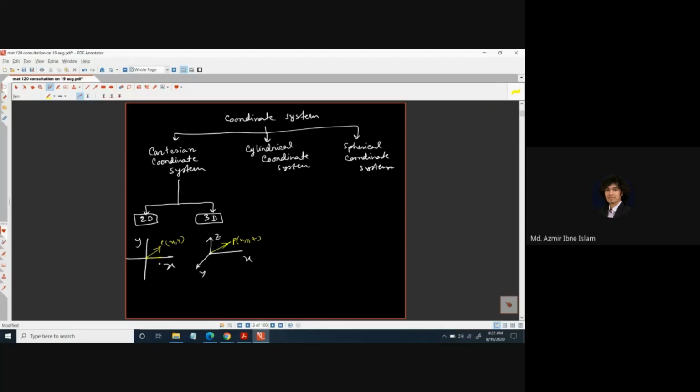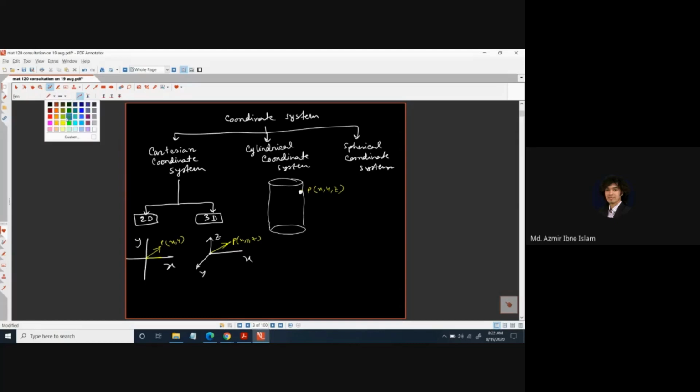Similarly, here we are using Cartesian coordinate system, but let's say we have the same point p of x comma y comma z, but now we are trying to locate the point not by Cartesian coordinate system, rather by cylindrical coordinate system. So let's say we have a cylinder. Based on this cylinder, we have the point here.